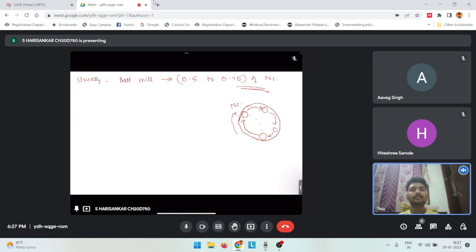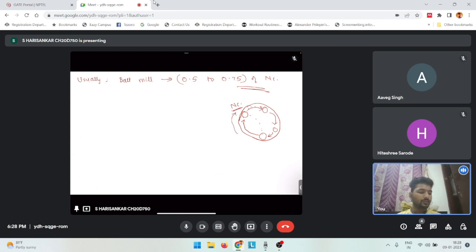That means it gets carried over by your ball mill because of the centrifugal force that occurs inside the ball mill. So this speed is called the critical speed of the ball mill. And if you operate a ball mill at its critical speed, all your balls and particles will just keep rotating with your ball mill, and no crushing or size reduction will happen.